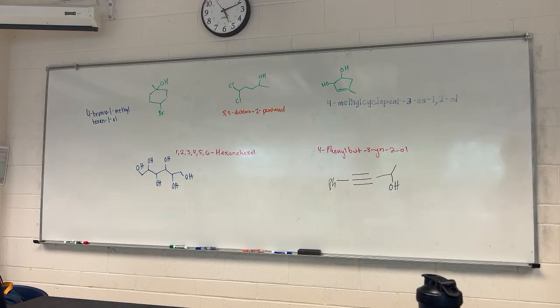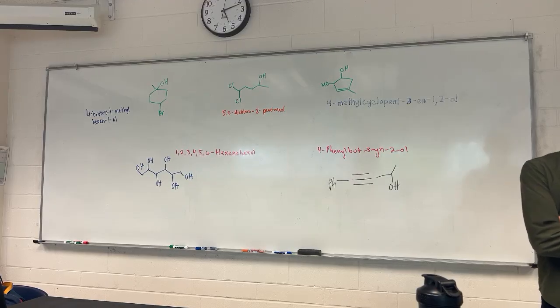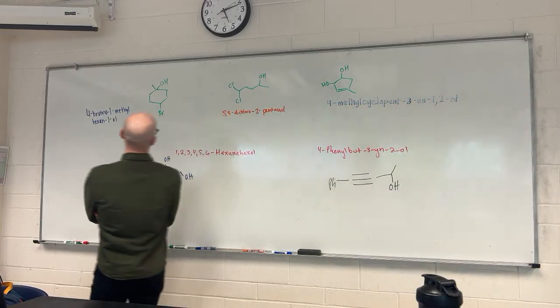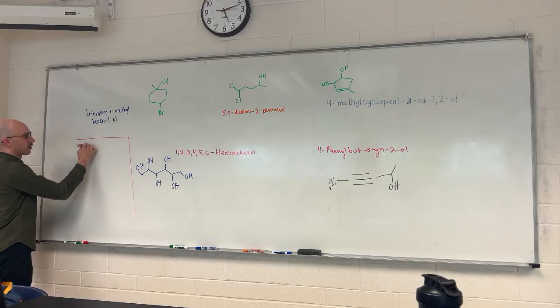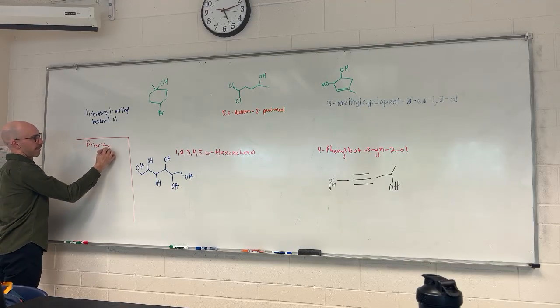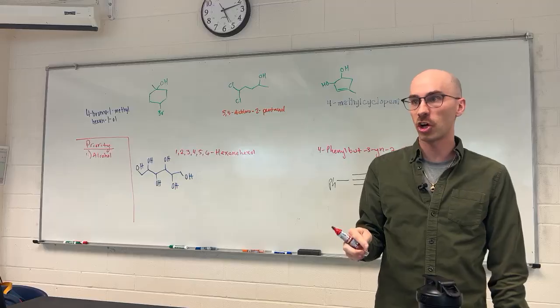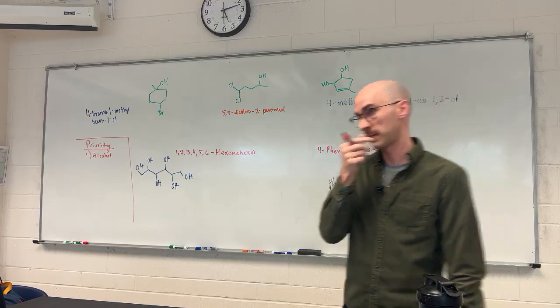All right, starting with the structure on the top left, we have to remember the priority of our different groups in order to decide where to start numbering. We said earlier in the semester that the priority has alcohols at the top. So find the longest carbon chain that includes the highest priority functional group.